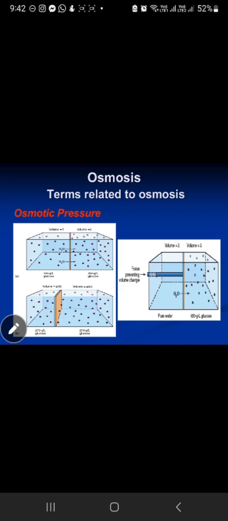Let me ask about the diffusion. If the temperature is high, the diffusion rate will be higher. And the same goes with osmosis. If the temperature is high, the osmosis rate also will be higher.